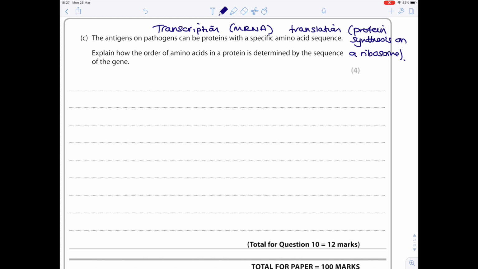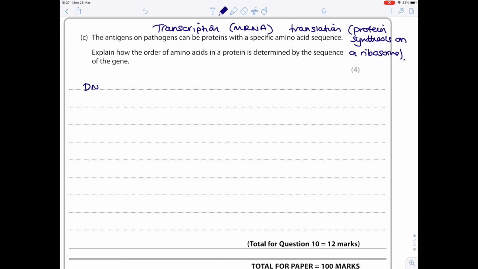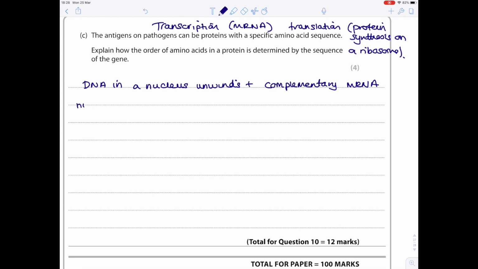So let's first of all start by saying that the DNA in a nucleus unwinds and complementary mRNA nucleotides pair up to produce a single strand of mRNA.